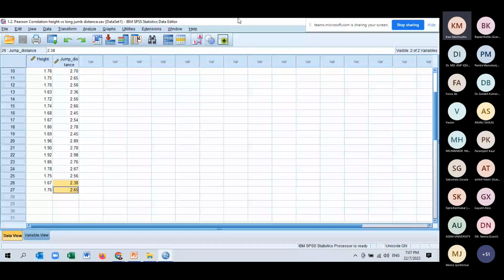Participant, can you hear me? Oh, some error is there. Okay, so please double check the last two values I modified. Now it is 2.38, 2.65.